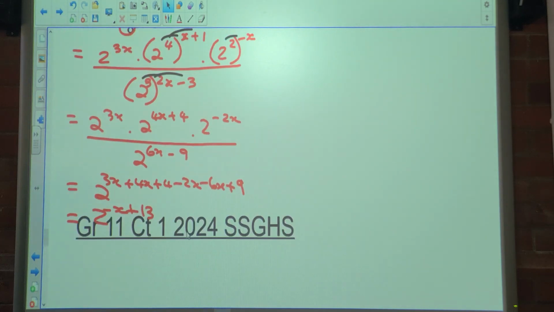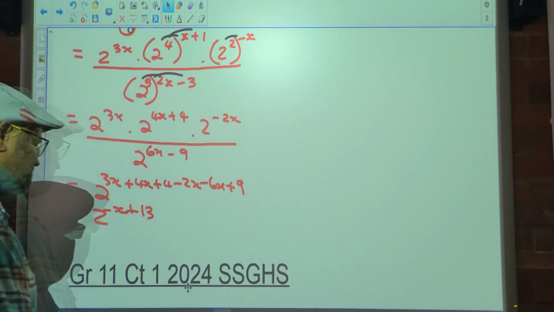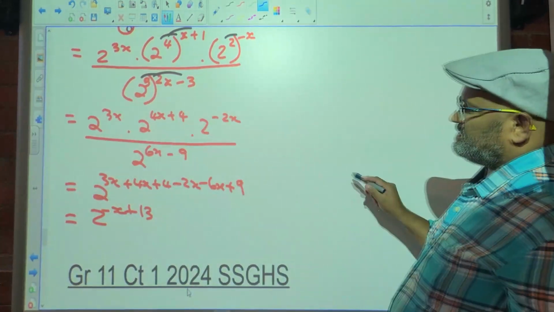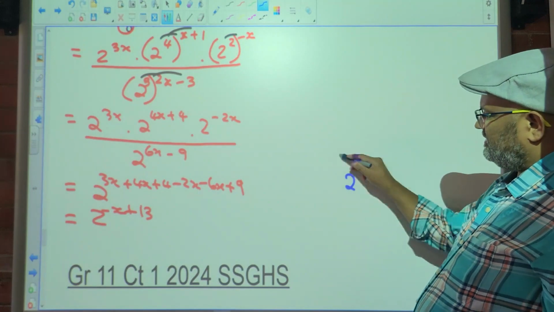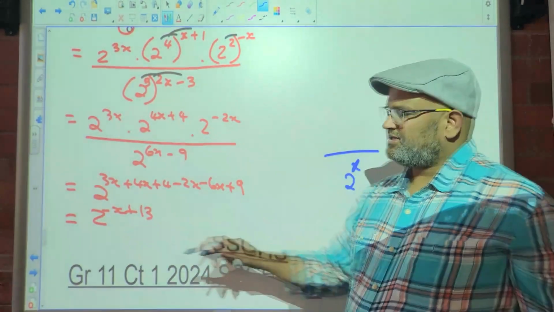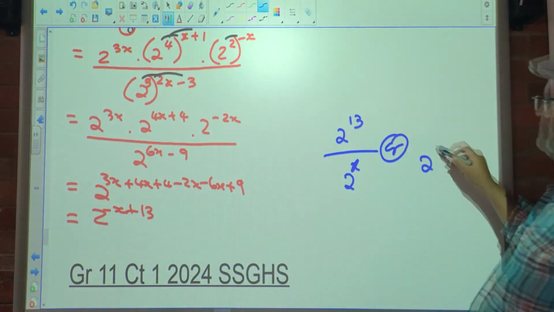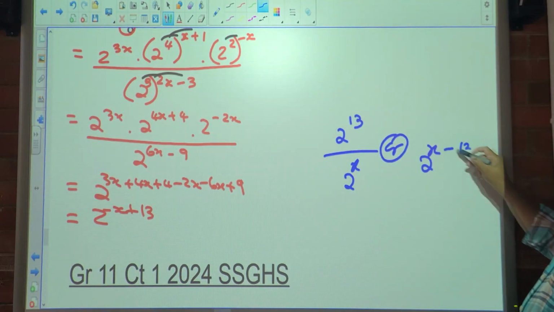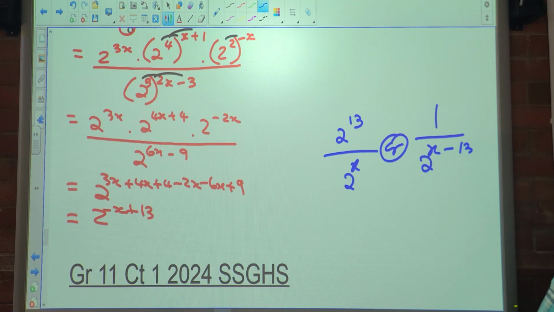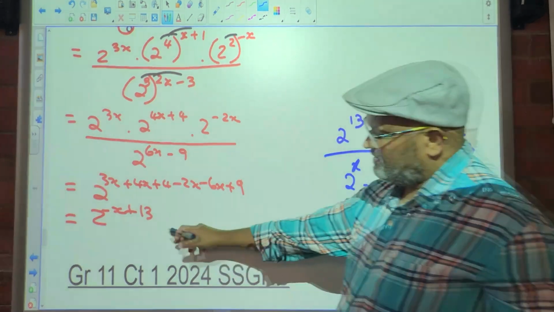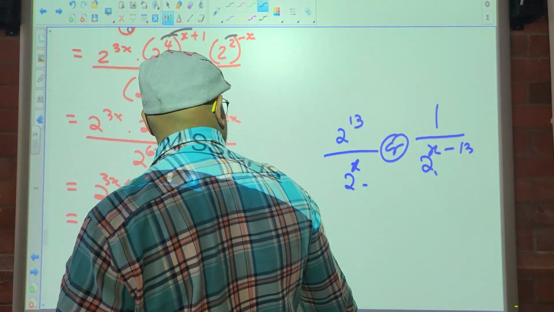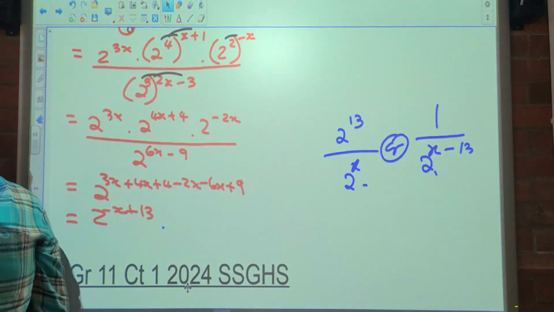I think they gave you full marks there. But if you want to write the positive exponent, it's going to be 2 to the x in the denominator because it's negative in the numerator, and 2 to the 13. Or 2 to the x minus 13 in the denominator. Either one of those will get you full marks. Okay?